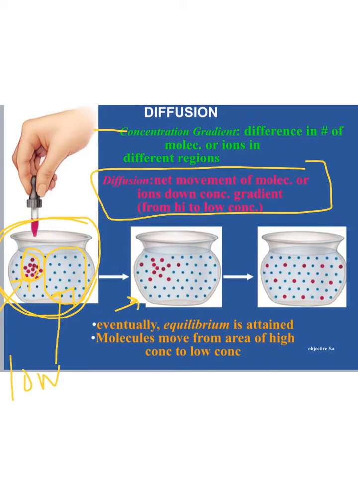Now we still have a concentration gradient here because we have a high concentration over here, and over here in the flask, we still have a low concentration. So diffusion continues.